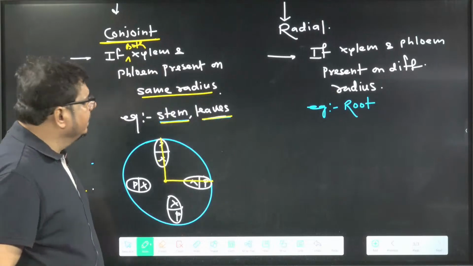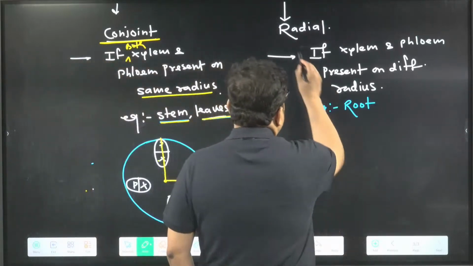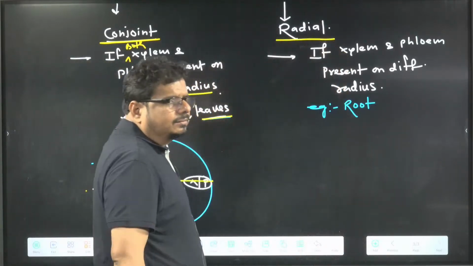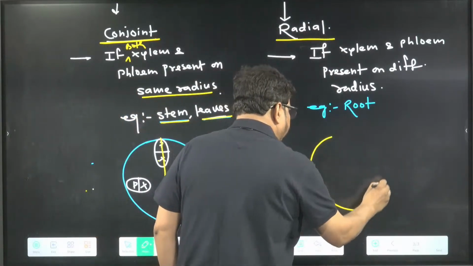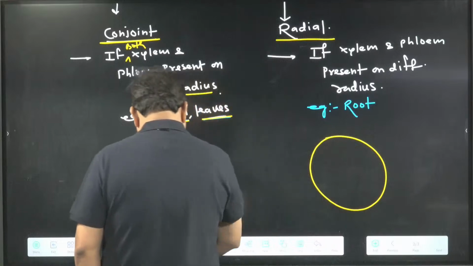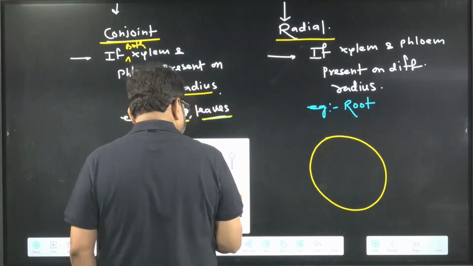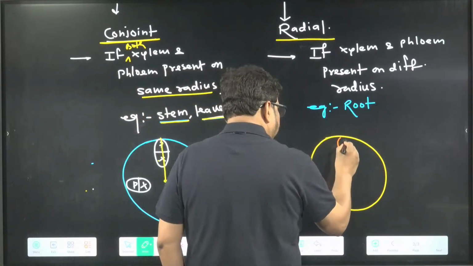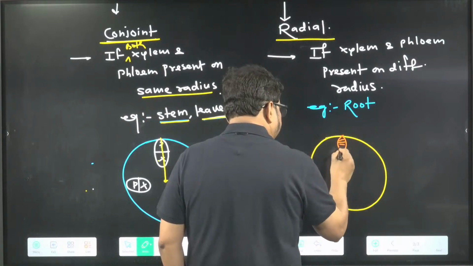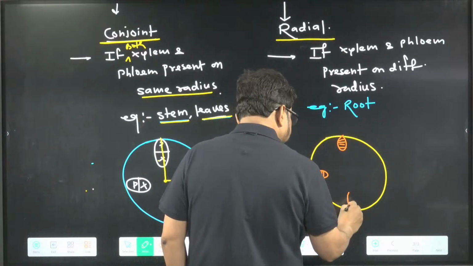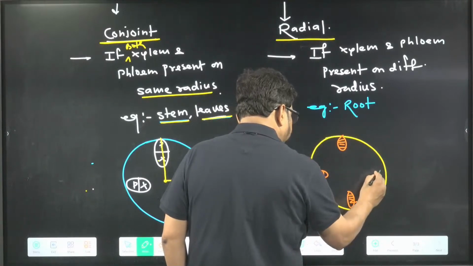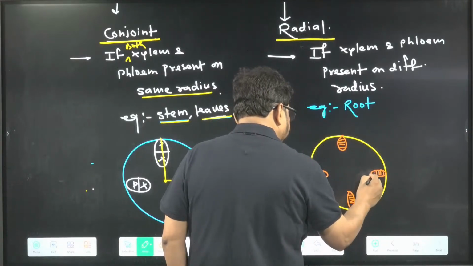Now we are going to deal with the diagram of radial kind of vascular tissue arrangement. So look at the diagram I am drawing here. Suppose that here I am drawing xylem. It is xylem, xylem, xylem.